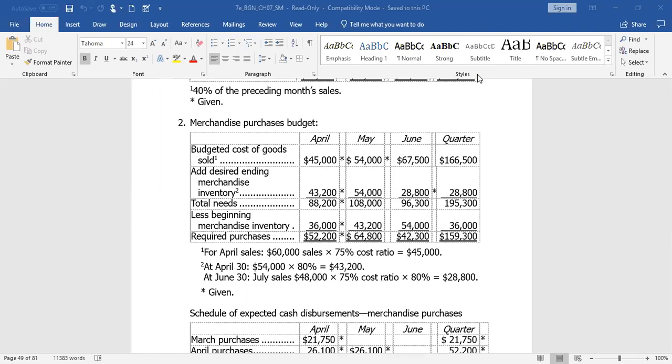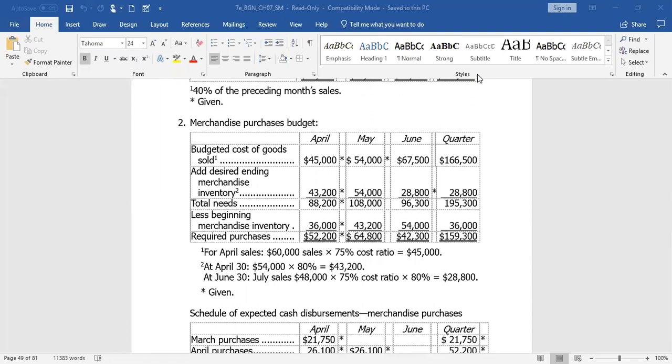And then June, 90,000 times 75% will give you 67,500. What we are budgeting here is how much we should purchase. So we're really starting from the end point and going forward. We are budgeting the cost of the goods that will be sold.